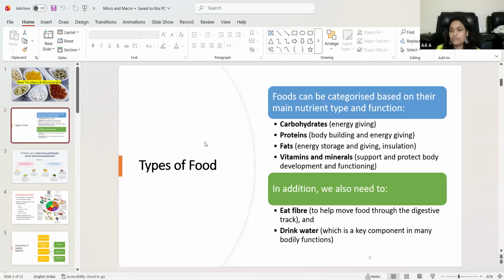Many street foods don't contain any nutrients. That also leads to vitamin and mineral deficiency, and a few vitamins are very important in gut health and weight management also. So that is the importance of vitamins and minerals in our diet.